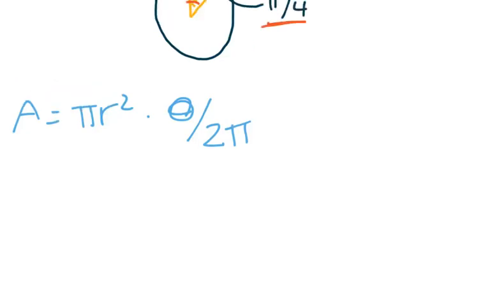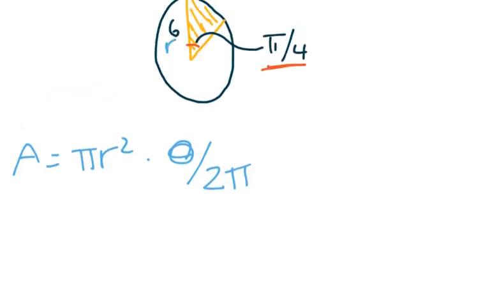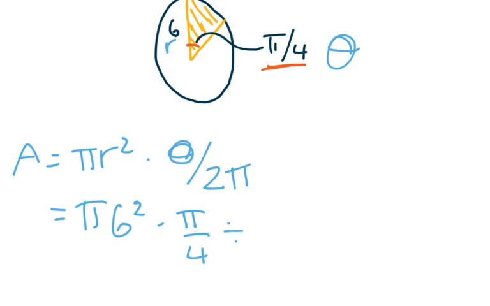In this case, our radius is 6, and our theta is pi by 4. So we're going to have pi times 6 squared times pi by 4 divided by 2 pi. Also, usually when we're working in radians, we're not actually going to calculate the final answer using our calculator.